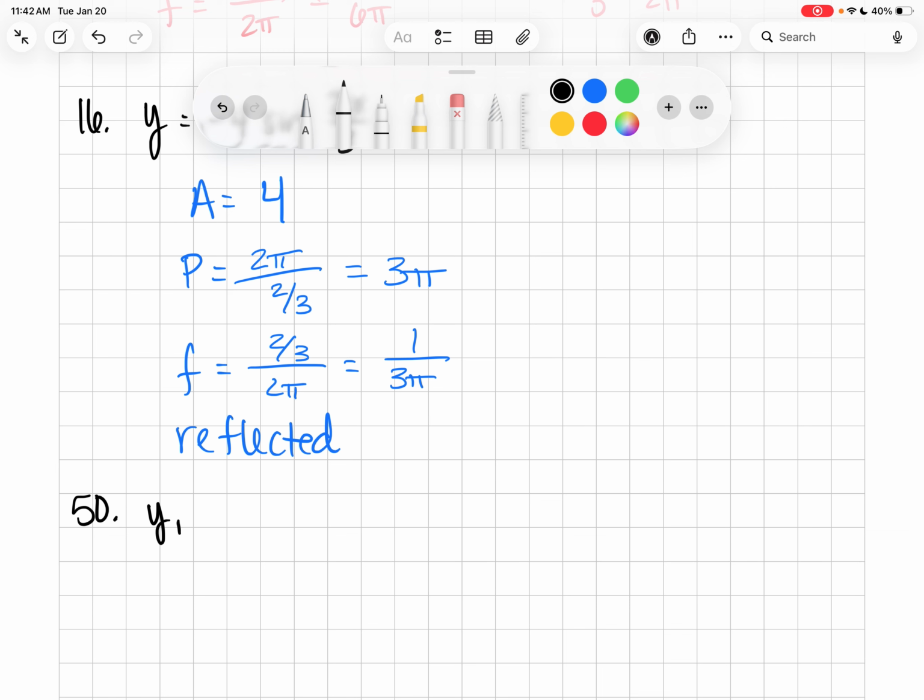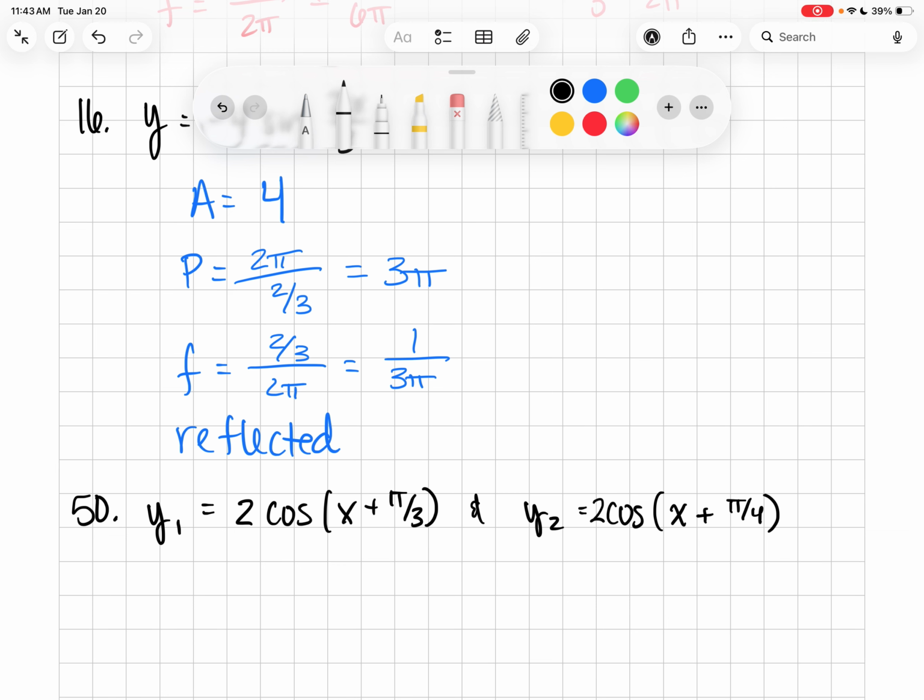All right, y1 is 2 times the cosine of x plus pi over 3. And y2 is 2 times the cosine of x plus pi over 4.